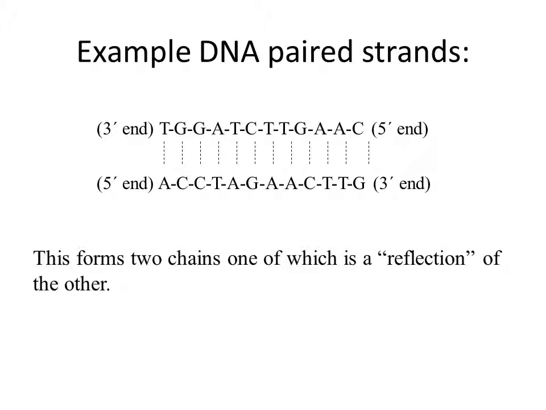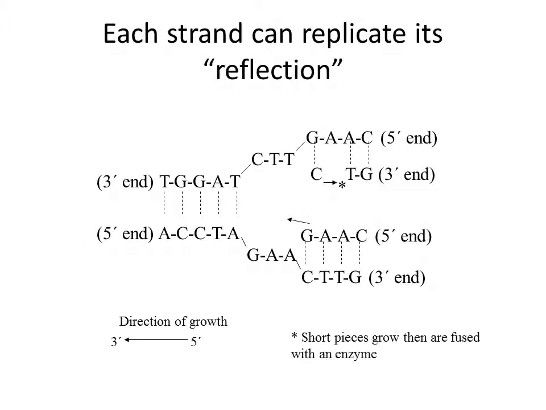If it's an adenine in one chain, it's a thymine in the other. And the same thing with guanine and cytosine. Base pairing works so that every strand can replicate itself because it makes its reflection. Notice that when we have growth of the chain in replication, it always goes 5' to 3'.